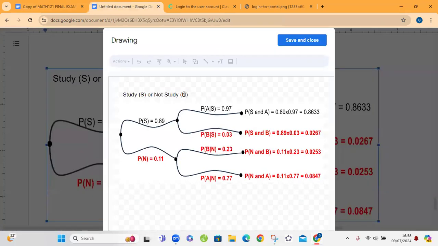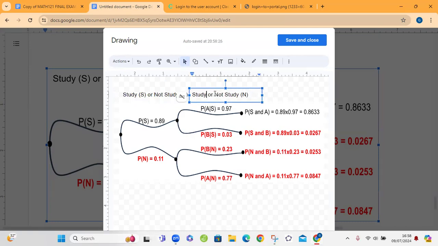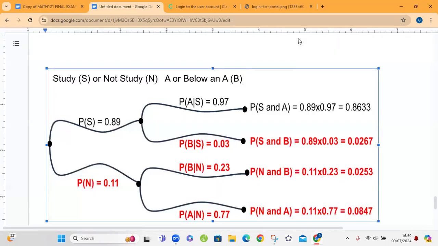So this section here is all about getting an A or not getting an A, or scoring below an A. So either an A or below an A, which is represented by capital B. Now, the probability across any node must add up to 1.